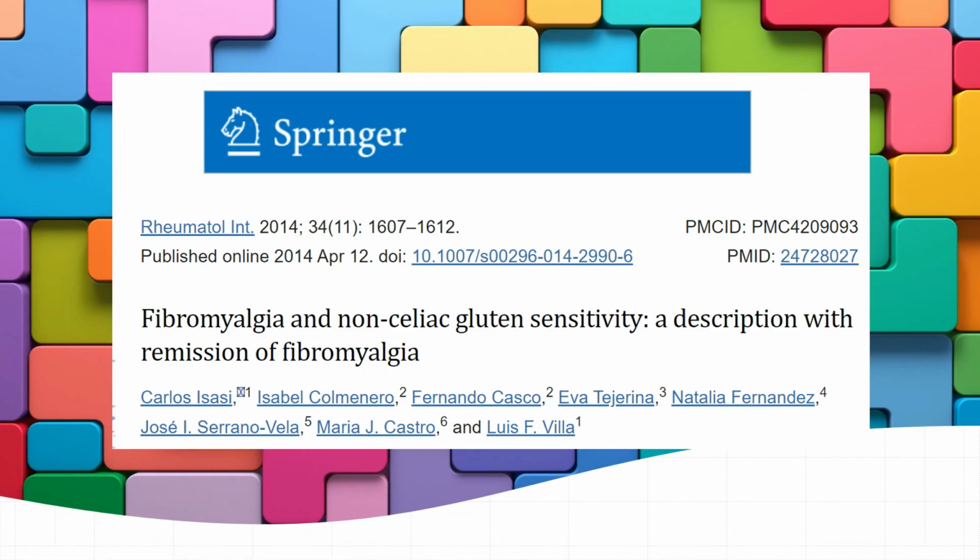Together, non-celiac gluten sensitivity, duodenal intraepithelial lymphocytosis, and a clinical response to a gluten-free diet raises the hypothesis that non-celiac gluten sensitivity could be a treatable cause of fibro, according to a 2014 study, but only for a small number of patients. And that's definitely something to remember.